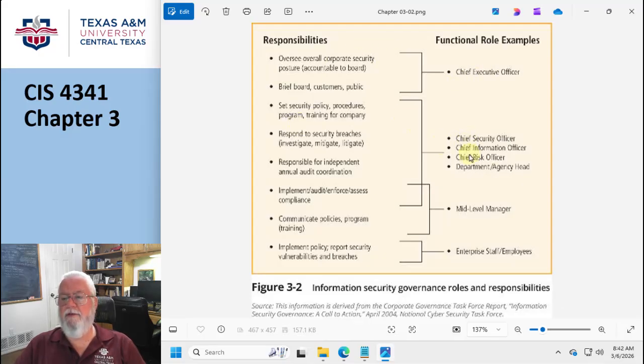And then the security officer or the information officer, risk, et cetera, they do these things. And then mid-level managers also implement, audit, enforce, and assess compliance and communicate policies and the program. And then down here, the staff, they're the ones that implement the policy, report problems, et cetera. So each person has a role in this, and they all have to kind of keep them separate.